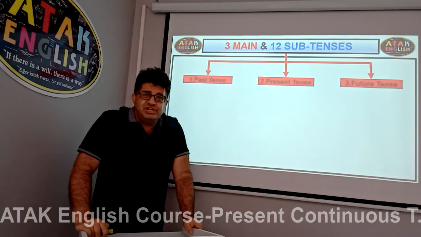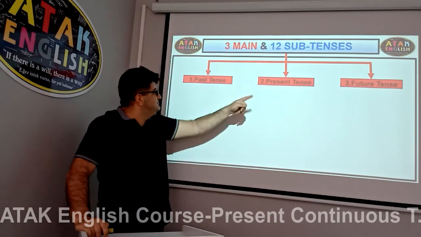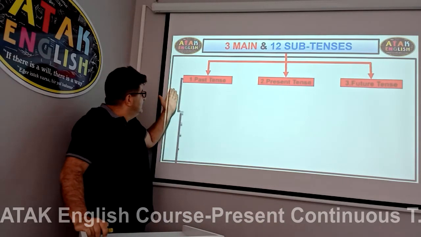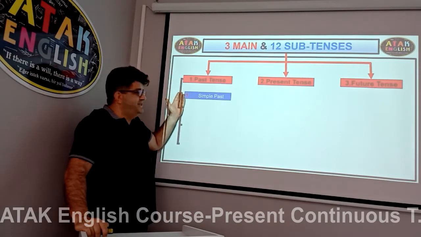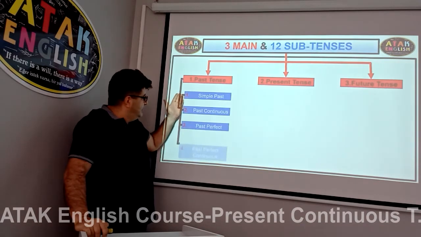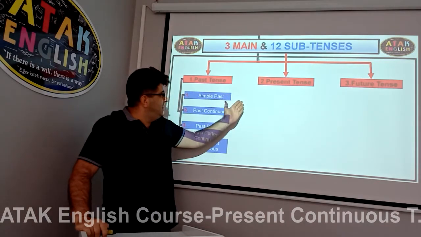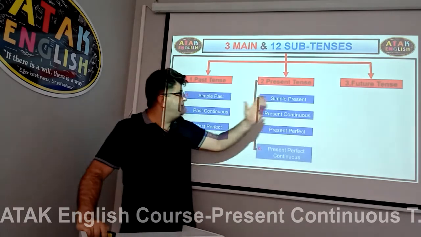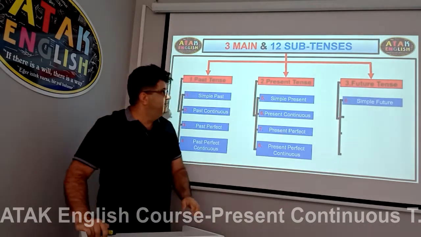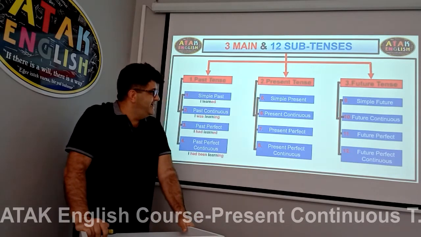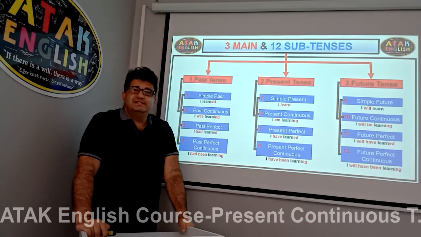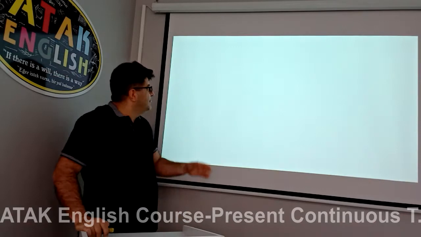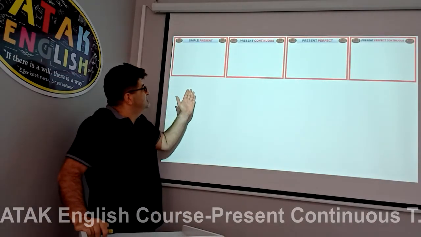And for each one of these main tenses, 4 subtenses, and 4 subtenses for present tense as well, and another 4 subtenses for future tense, as a total of 12 tenses in English language. And there's one more thing I'd like to mention.